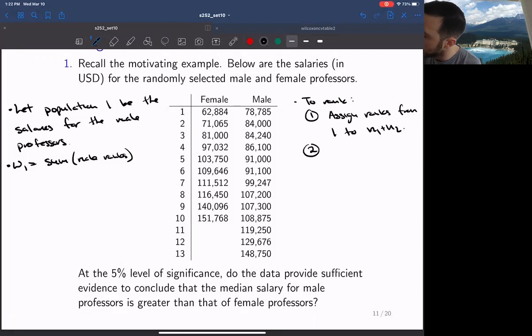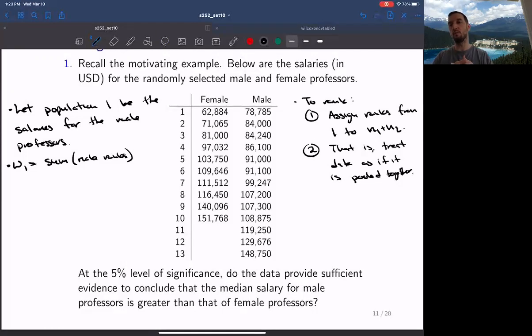Step 2, treat the data as if it is pooled together. We're basically ranking as if it's one large collection of values and not 2 separate samples. Now the values are already ordered for us, which helps, so we're basically just going to be bouncing back and forth between these observations. I'll write the ranks beside the male and female values using the table that's shown here.